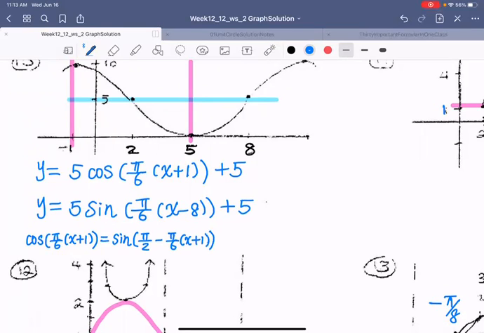As long as the two angles inside add together, the cofunction works, right? Kind of makes sense?